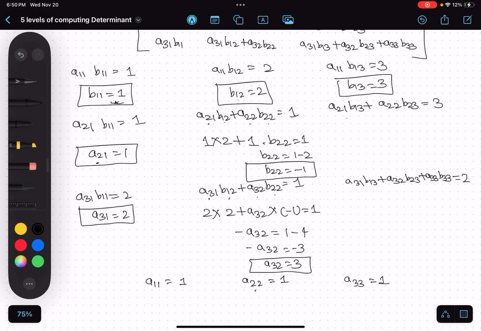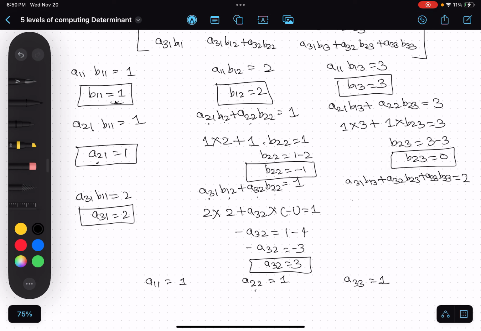Now I have A21, I have B13, I have A22 which is 1. Now I can find B23, right? So A21 is 1, B13 is 3, plus A22 is 1 times B23 is equal to 3. So B23 is equal to just 3 minus 3. So B23 is equal to just 0.